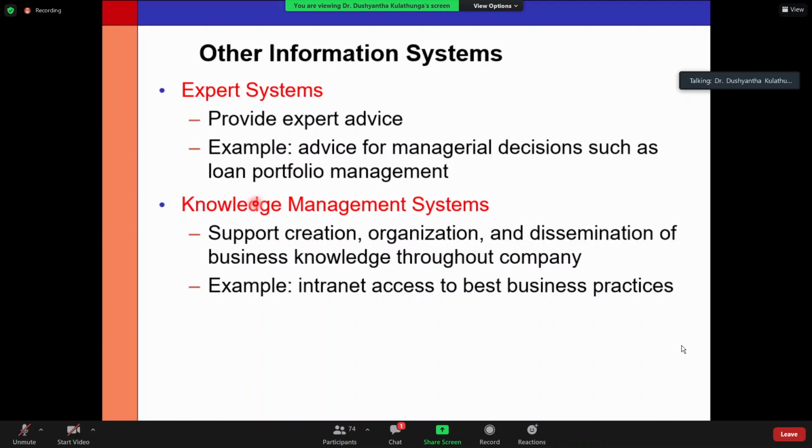Managing knowledge cannot be done by the systems that we discussed so far.